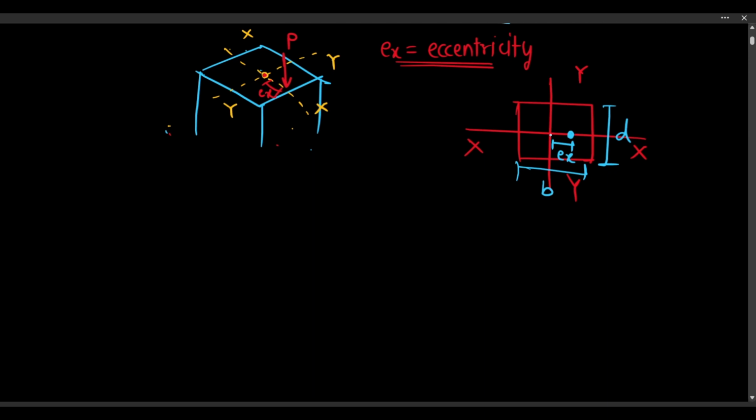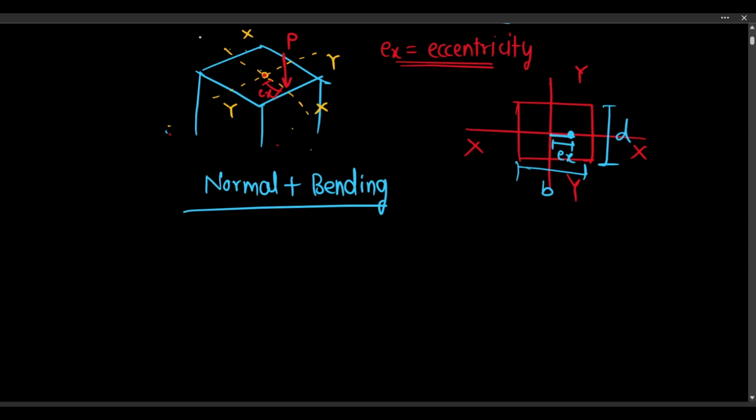But we have the eccentricity, so due to the eccentricity, normal as well as bending stresses will be developed. Okay, if I shift the P load from the center to ex eccentricity.